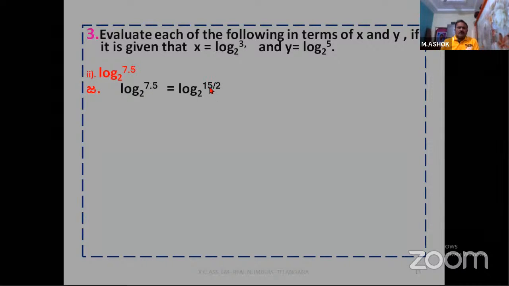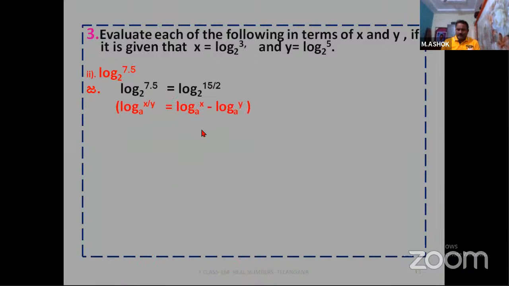Now using the log x by y formula, it is log 15 minus log 2. What is the need of writing like this? You have only log 3 equal to x and log 5 equal to y. You have to convert into log 3 and log 5, then only you can replace this with x and this with y.